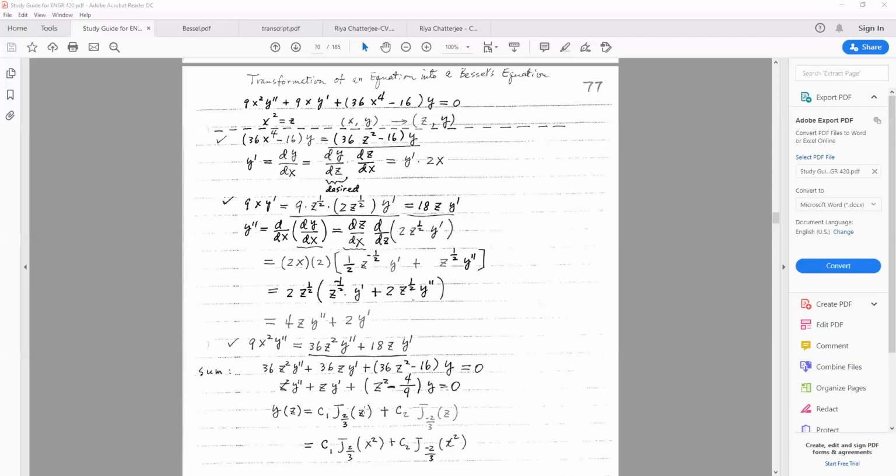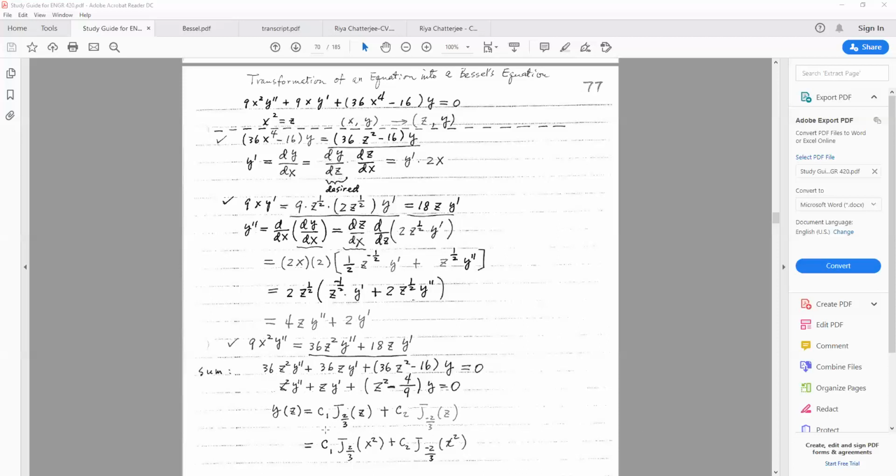And specifically, Bessel function of the first kind of order 2/3. We don't need Bessel function of the second kind because this 2/3 is not an integer.